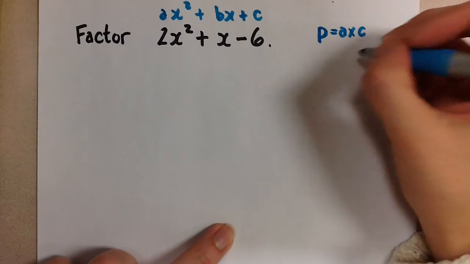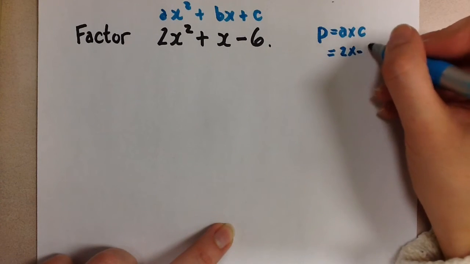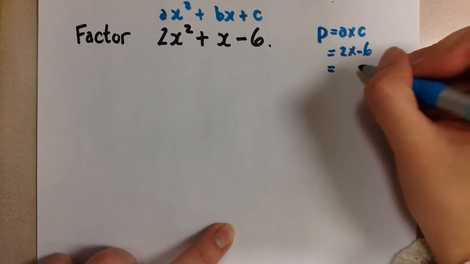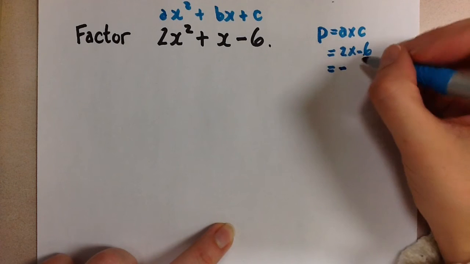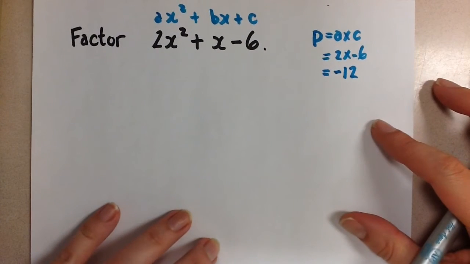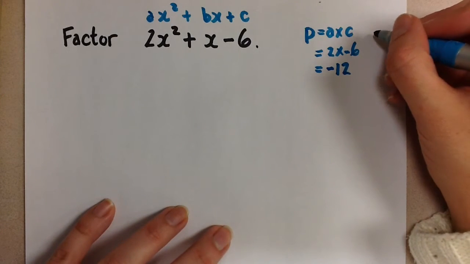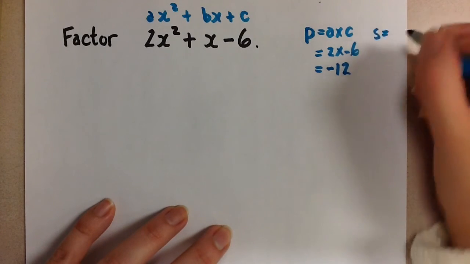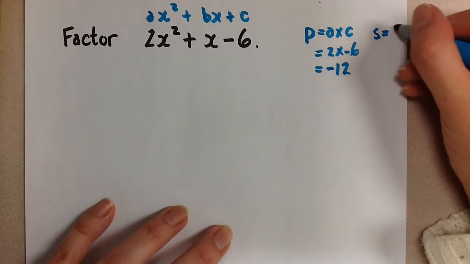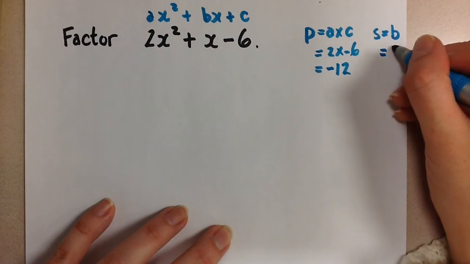In this case, a times c would be 2 times negative 6, which is a product of negative 12. And then we need to find the same two numbers to satisfy a sum of b, so that coefficient of x, and in this case it is 1.